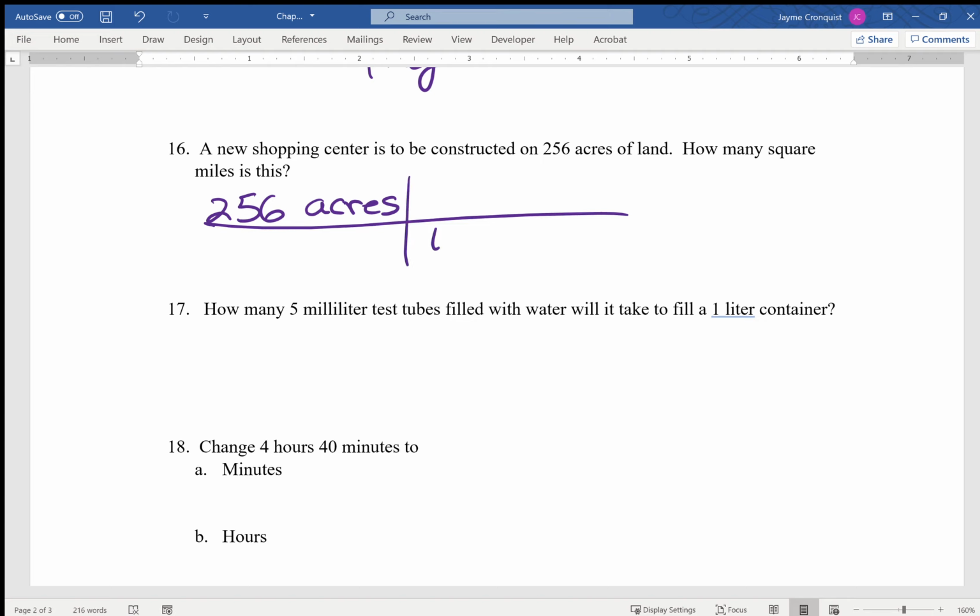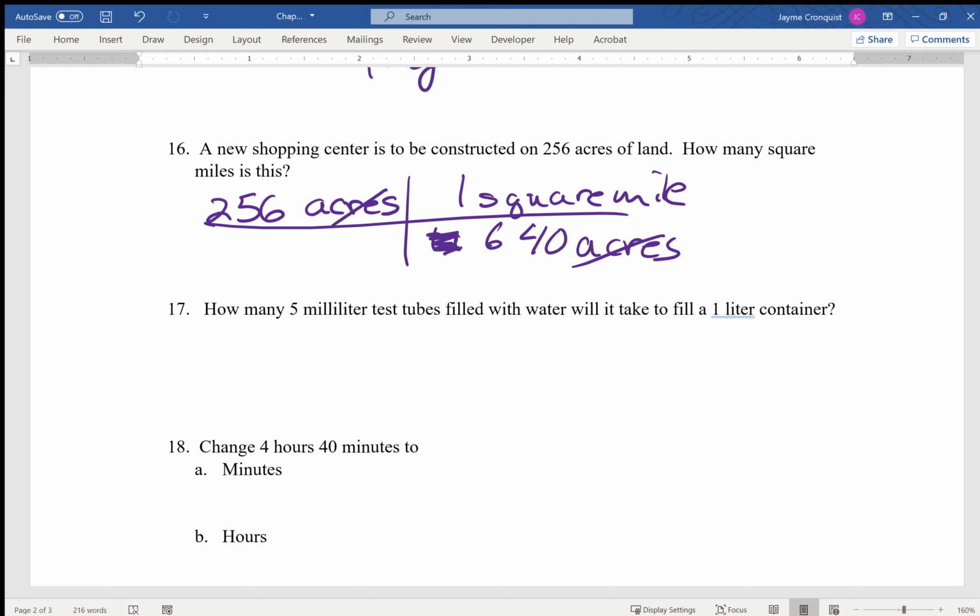All right, so 1 acre. Okay, nope, that's not what they're giving me. Okay, they have that 640 acres is 1 square mile.